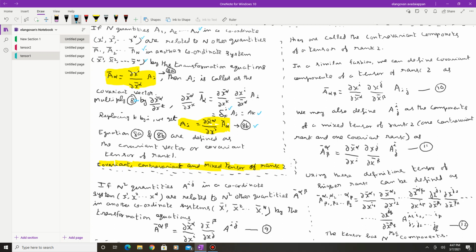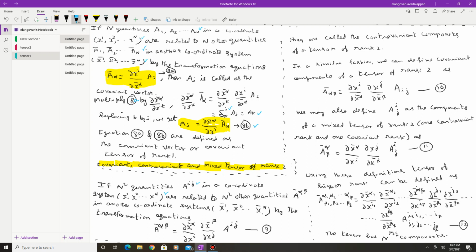Let us consider these n square quantities in a coordinate system, defined in the coordinate system x1, x2 up to xn.